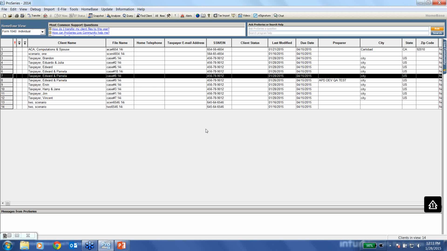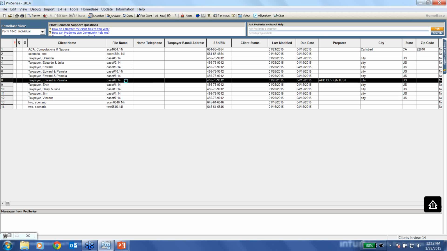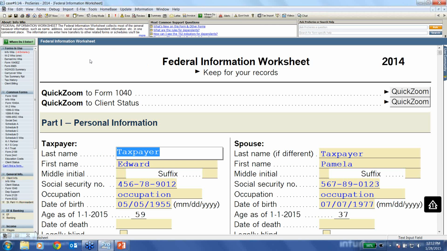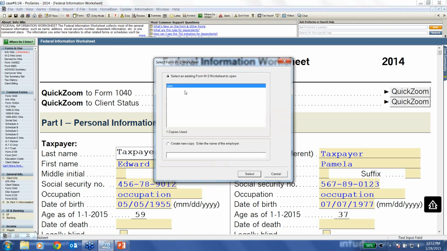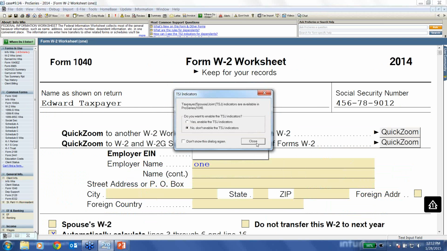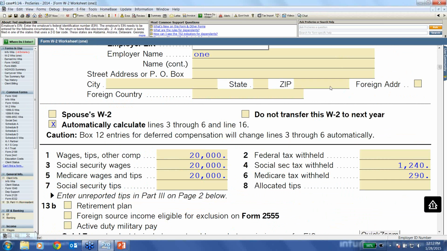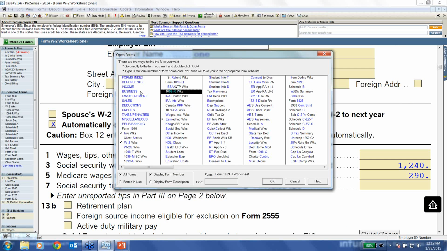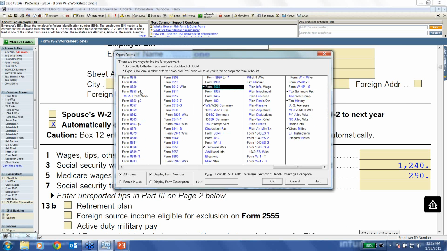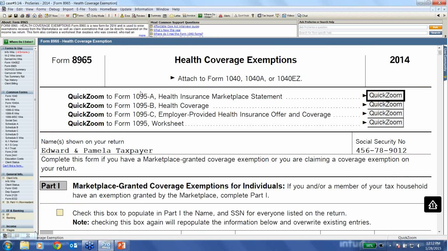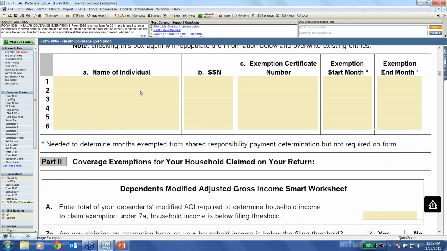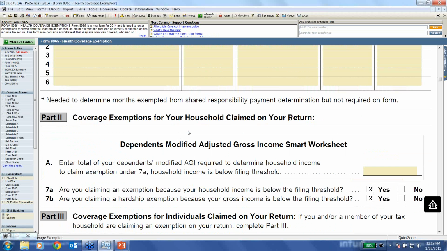We'll go into number 9 here. So we have wages of $20,000. Go back over to the 8965. Scroll down to Part 2.